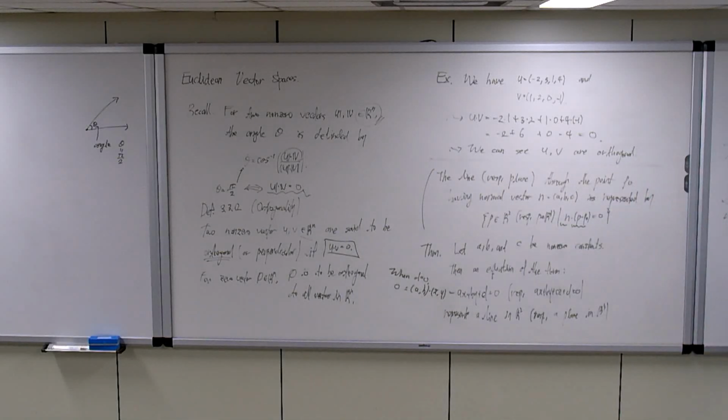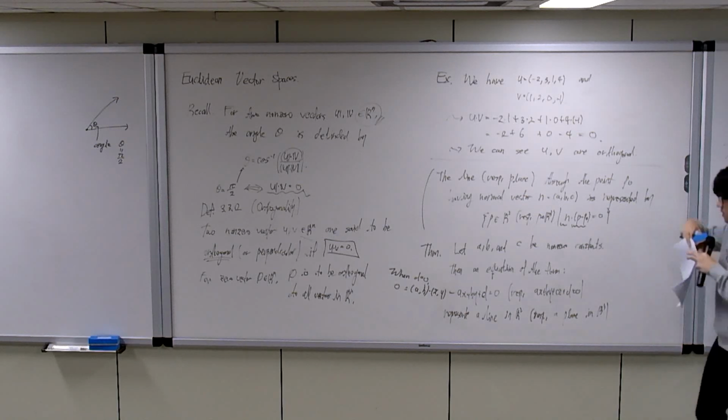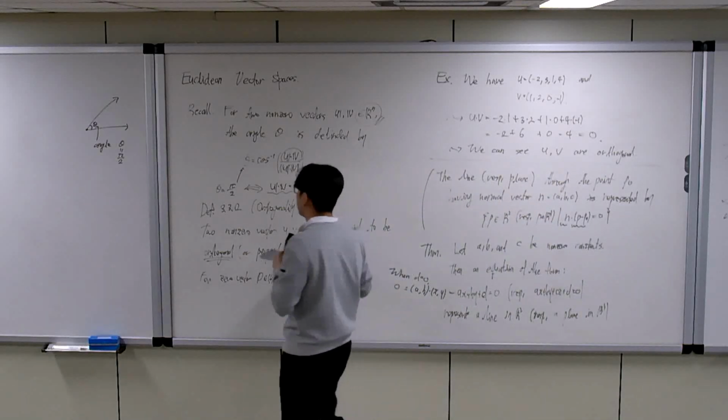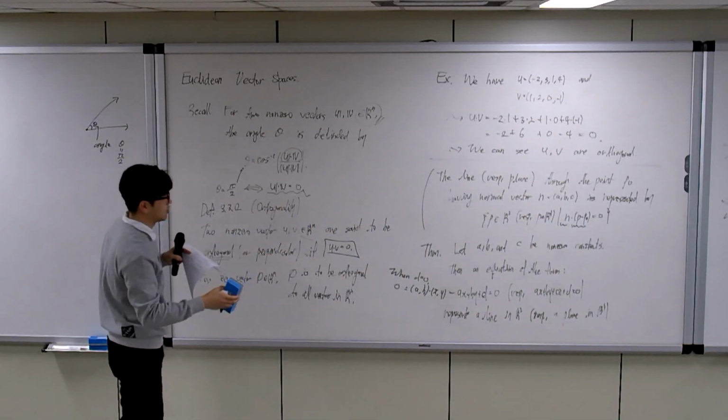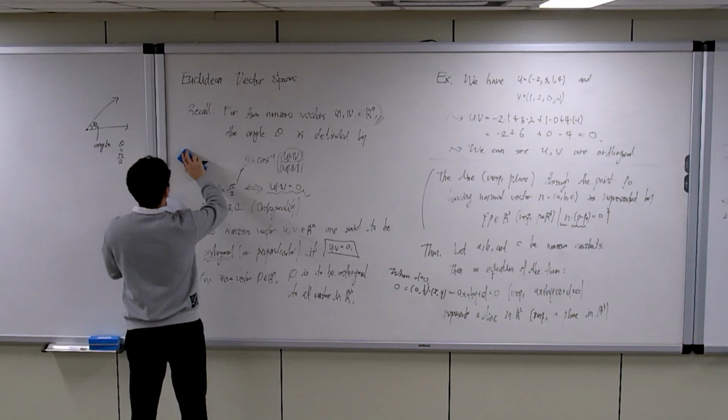So by using this form, we can get information about a line or plane by using vectors, especially normal vectors.